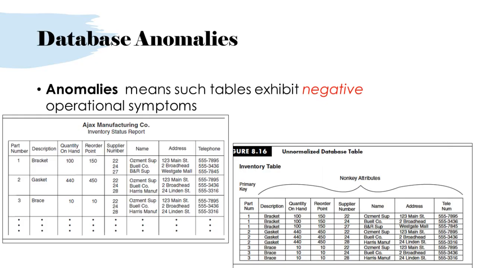For example, like this. We see that here for the same supplier number 22, 22, 22, there may be something that we need to update about the information, maybe the address or the telephone number.